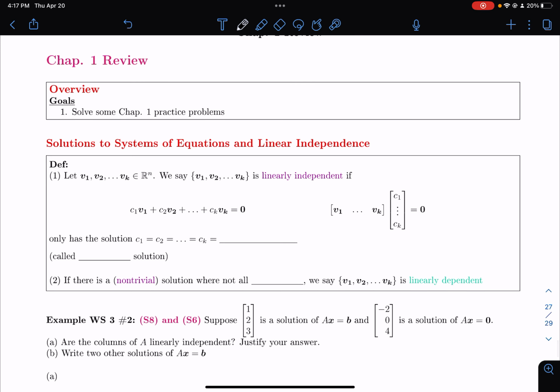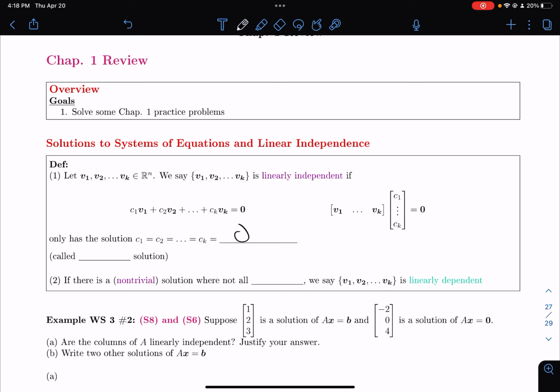What does it mean when we say vectors are linearly independent, and what does it mean when we say they are linearly dependent? If I have a set of vectors v1, v2 up until vk, we say that those vectors are linearly independent if, when we form a linear combination of them that equals the zero vector, so if I write c1 v1 plus c2 v2 plus dot dot dot plus ck vk equals 0, that only has the solution where all of the c's equal 0.